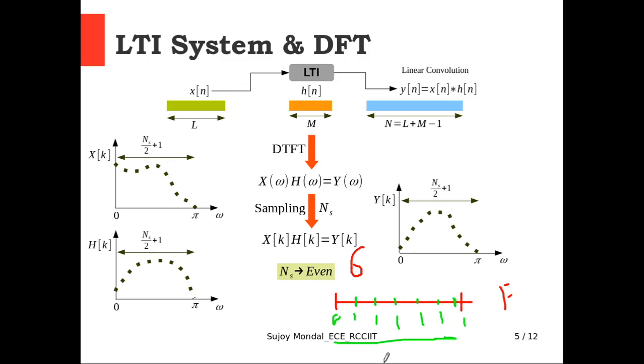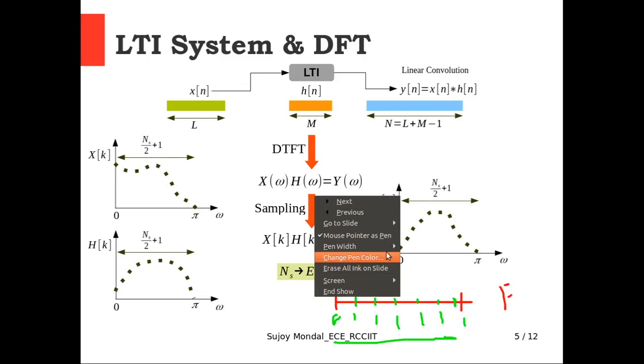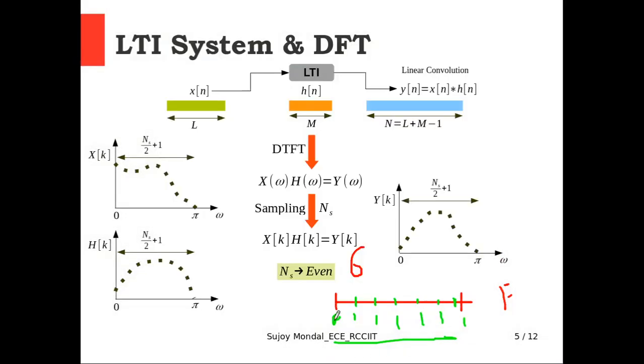This is the 6th point. So now if we just do this calculation, Ns equals 6, 6 by 2 equals 3, plus 1 is 4. That means we are taking this point, 2, 3, 4. So now if the sampling frequency is fs, this point is basically fs by 2.